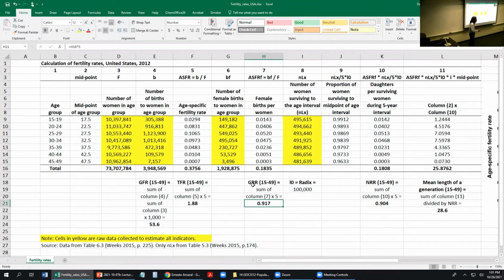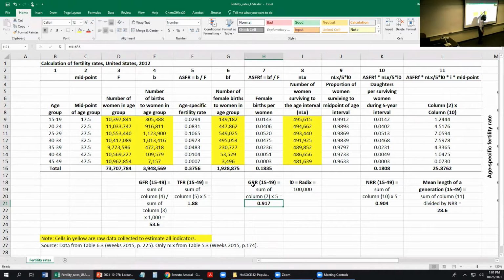People die before age 50 at all different chances throughout their lives. So out of the possible 500,000 women that could have reached the beginning of this interval, only 495,615 reached there. And you see that this number will just decline because women are dying, right?